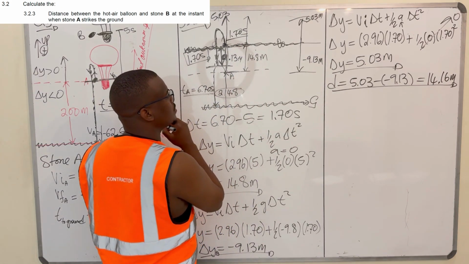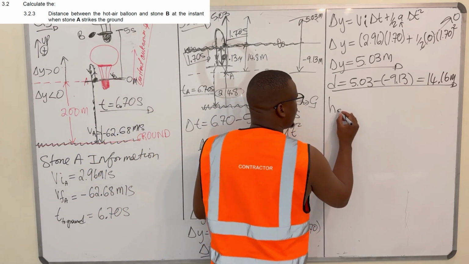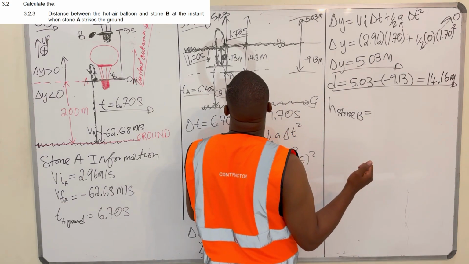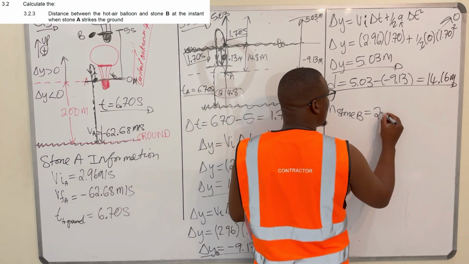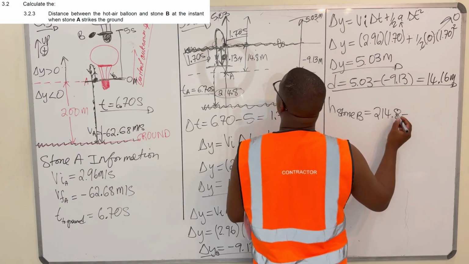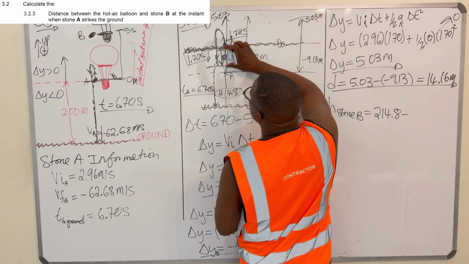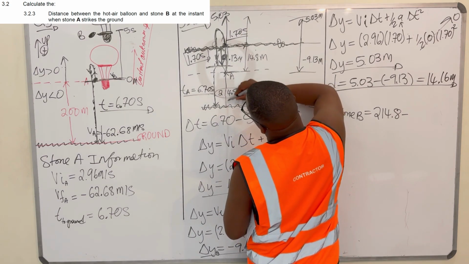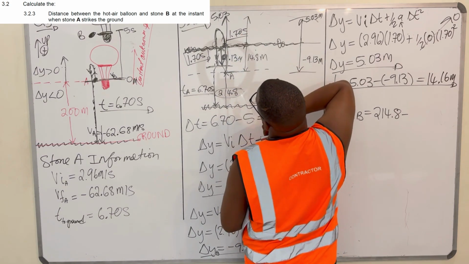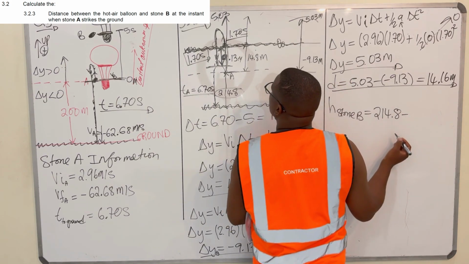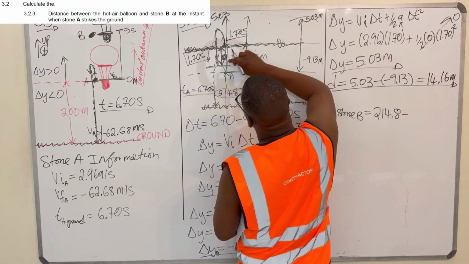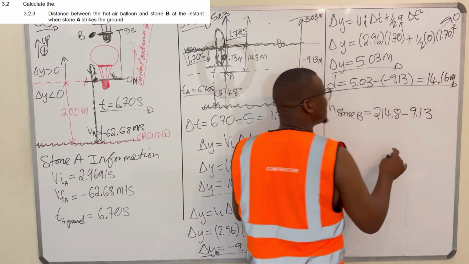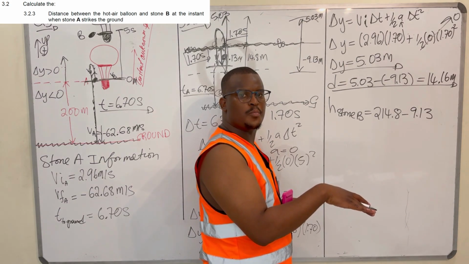So the height of stone B is equal to 214.8 minus 9.13, because up to this point the entire height is 214.8 from the ground up until where this thing is chilling, and 9.13 is the height dropped.